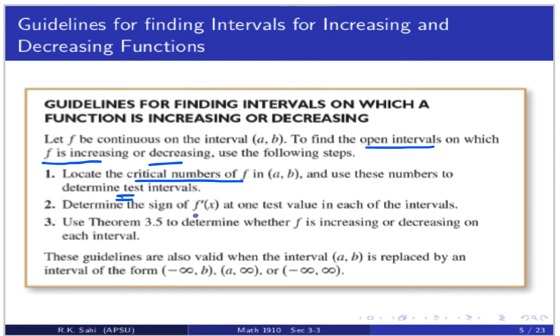After that, look at the sign of the derivative of the function at one test value in each of these intervals. Then use the previous theorem, the one which talked about whether the function is increasing or decreasing. These guidelines are also valid if the interval is negative infinity to b, a to infinity, or negative infinity to infinity. It just asks for the intervals to be open. That's the most important part.